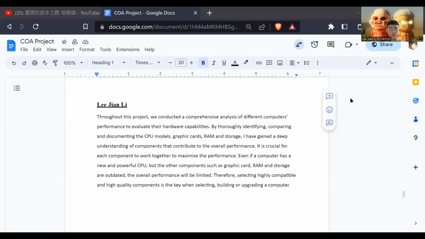For the reflection of this project, we conducted a comprehensive analysis of different computers' performance to evaluate their hardware capabilities by thoroughly identifying, comparing, and documenting the CPU models, graphic cards, RAM, and storage. I have gained a deep understanding of components that contribute to the overall performance, and it is crucial for each component to work together to maximize the performance.